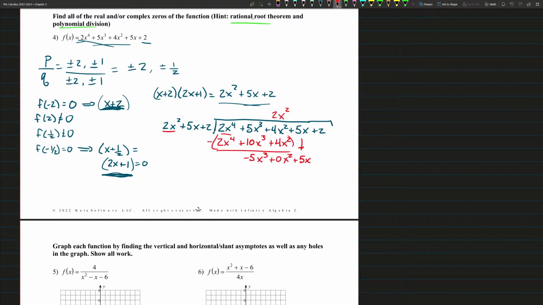How many times does 2x squared go into negative 5x cubed? That's 5 halves. So negative 5 halves x. So we get negative 5x cubed minus 25x squared over 2, and then minus 5x.